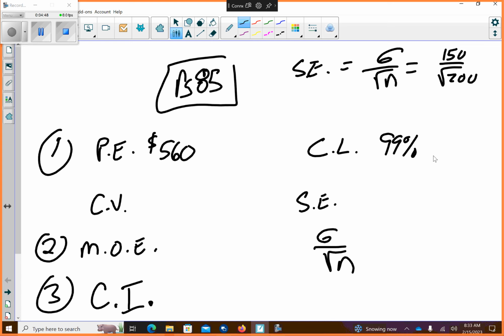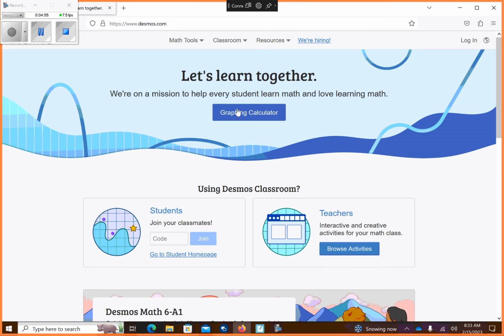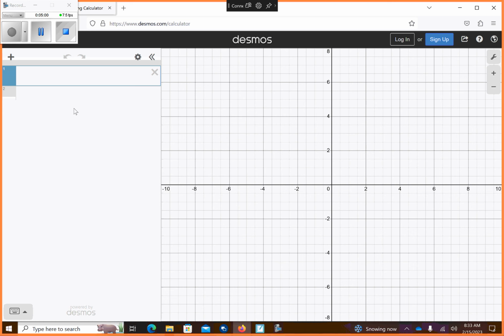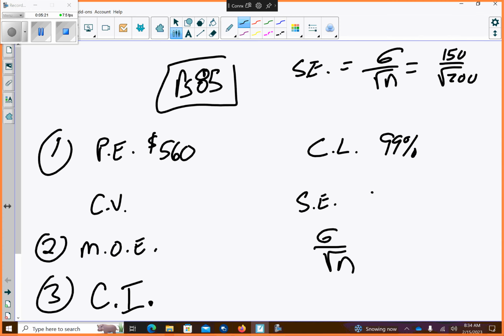If we do that on Desmos, it's pretty easy as our calculator. Square root of 200, so 10.61. We'll just say 10.6.